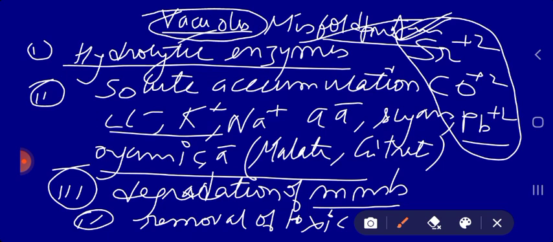It maintains the acidic pH inside the vacuoles, just like lysosomes. It also exports unwanted substances from the cell, and especially in plants it allows the plants to support structures like leaves and flowers, due to the pressure by the central vacuole.